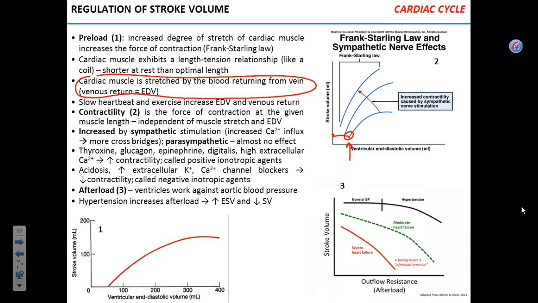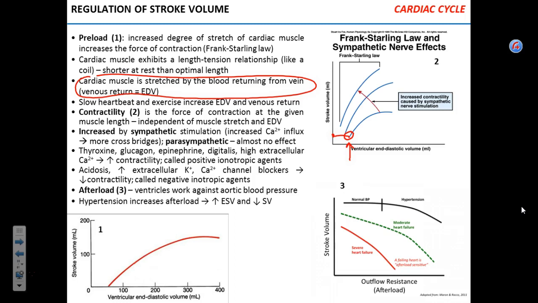Now, when you put more blood in the heart, it doesn't mean that it's going to eject the same amount. Since you stretch the heart, its contraction becomes stronger. Does that make sense? So that feature, the capacity of the cardiac muscle to contract stronger when it is stretched, allows it to eject that extra volume.